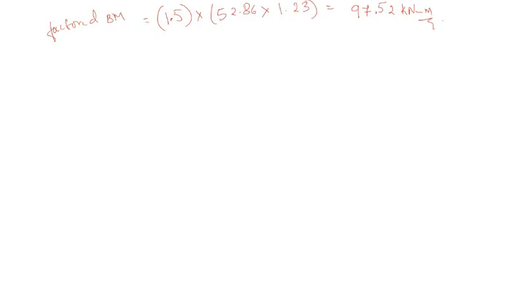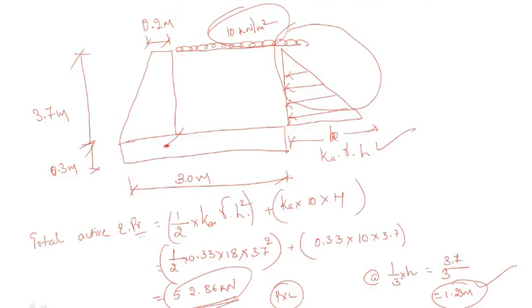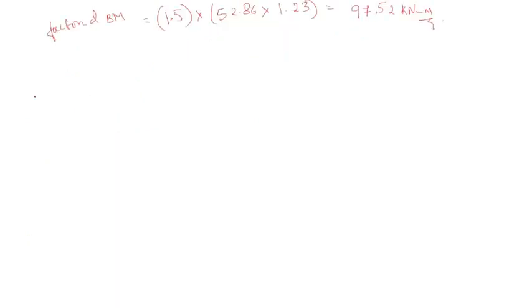Okay, then we have to determine this width, correct? So from limit state method we have Mu, that is factored moment, equals 0.133 fck bd square. We have to determine this d.